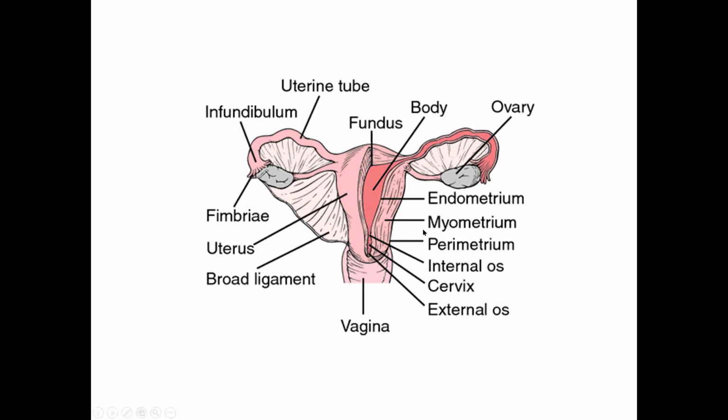Anyway, so the myometrium is one of the reasons why you get pain during the menstrual cycle. The myometrium is smooth muscle, and it has two jobs. When you're in labor, it helps to push the baby out.